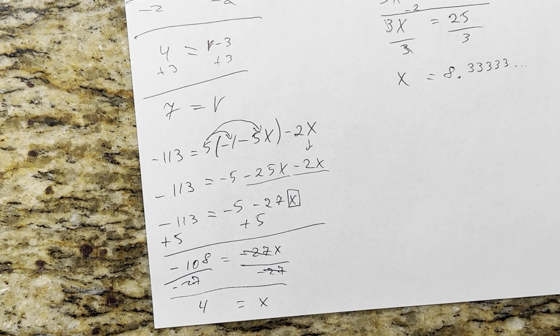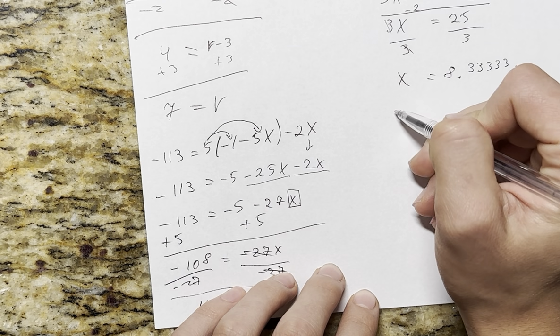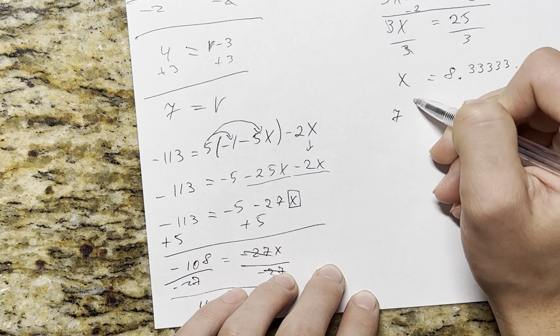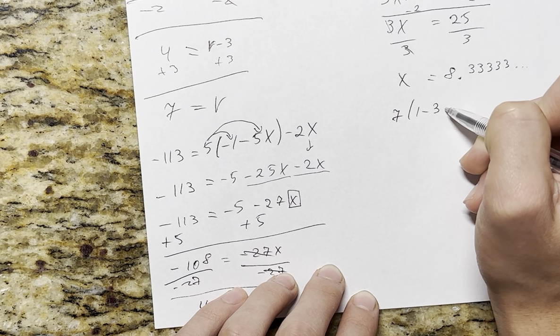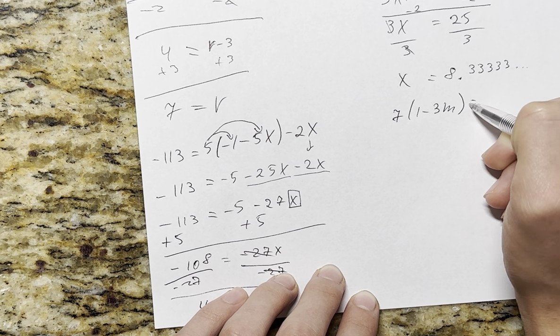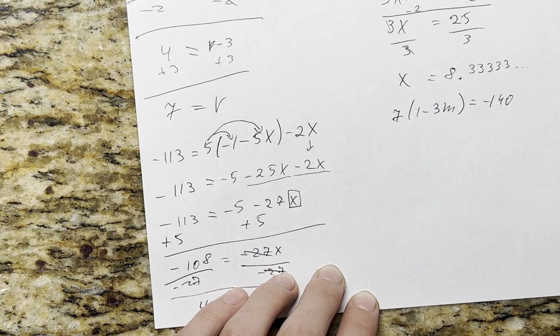Should we do one more? Alright, let's do it. Let's do this one. 7 times 1 minus 3m equals negative 140.